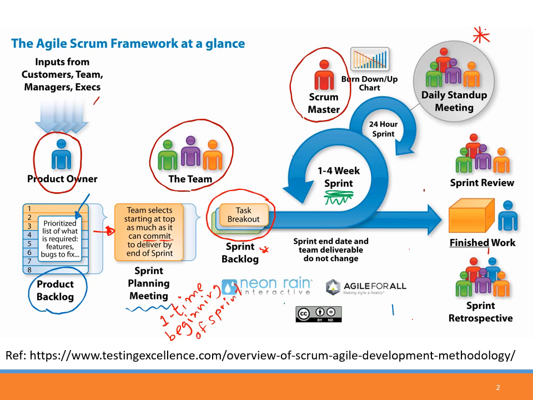Suppose our Scrum team has 5 people. Each person will look at the sprint backlog and say, for me today, I will do this work and this work. That work is supposed to be finished within a day because it's a daily plan. The other members do the same.